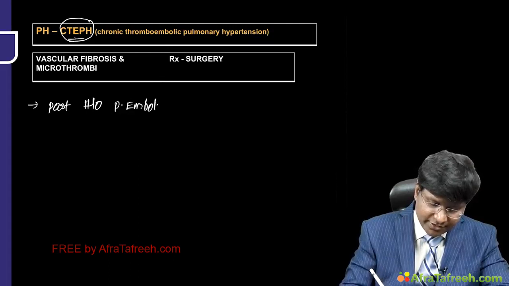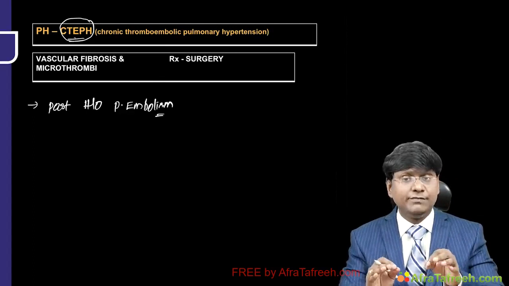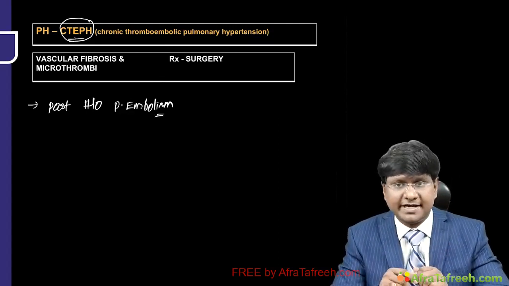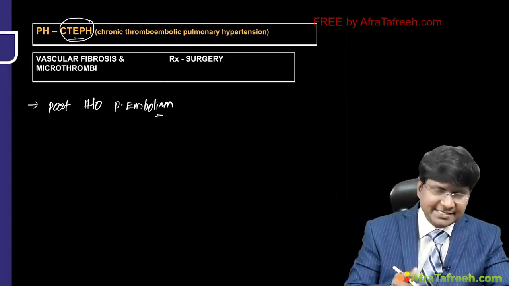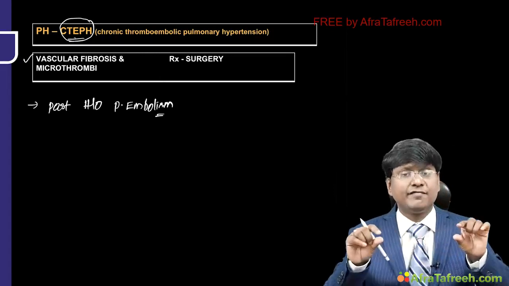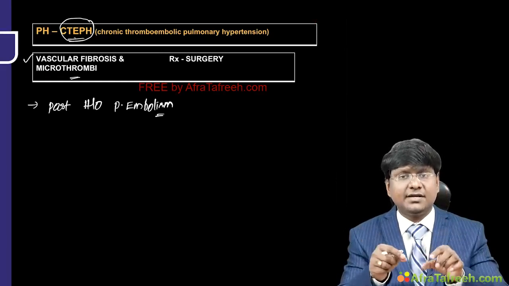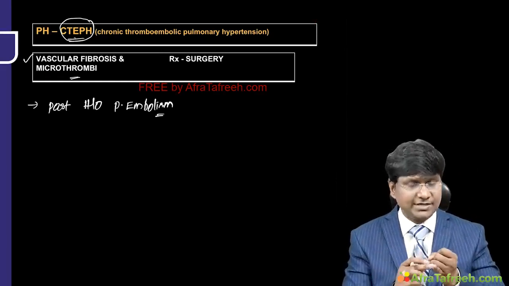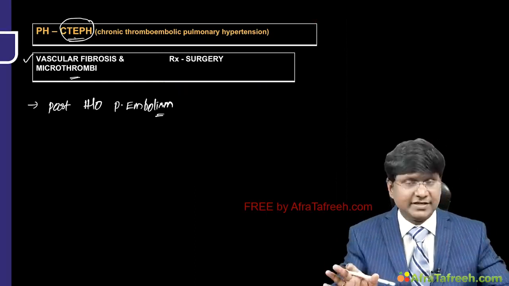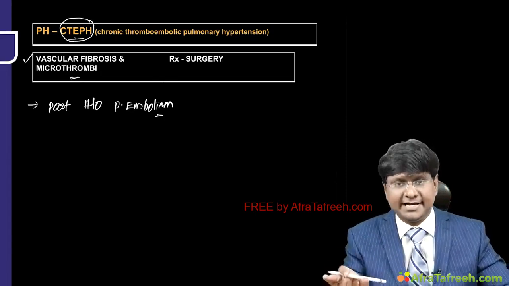In patients with a past history of luminal pulmonary embolism, there will be development of chronic thromboembolic pulmonary hypertension. Now, in these individuals, you will notice vascular fibrosis and the presence of arterial microthrombi within the vessel. That is what you will be able to make out with the help of CT pulmonary angiography.